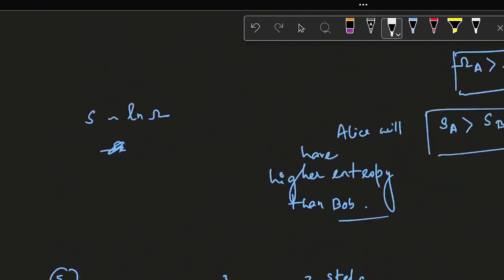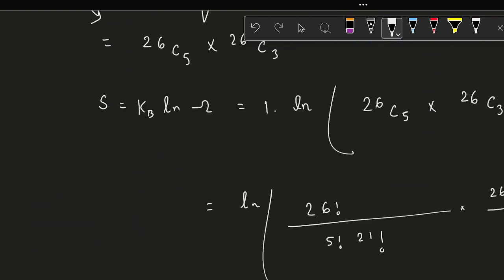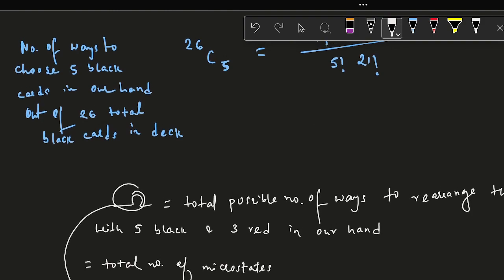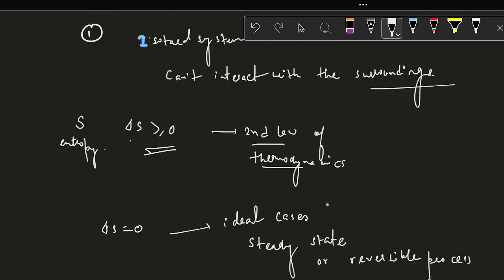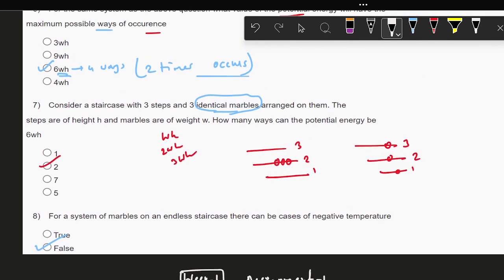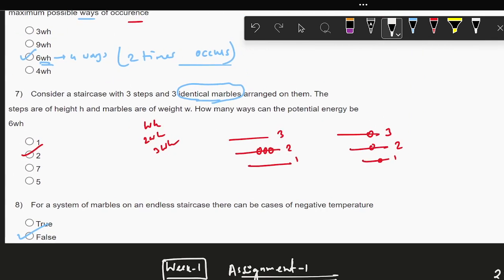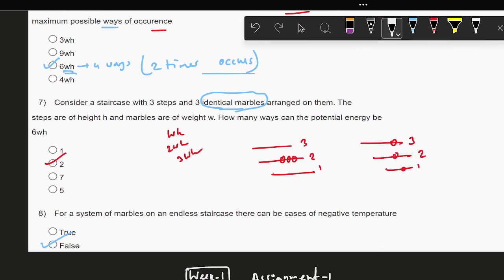Whereas for the case when there are an infinite number of steps, so there is no finite limitation to the maximal attainable energy, the entropy will only monotonically increase with the energy, and as a result the temperature will only be positive, no negative value. So this is the false answer.